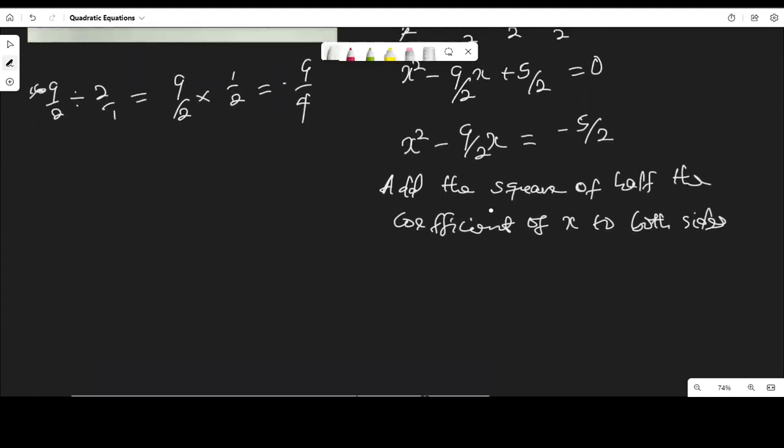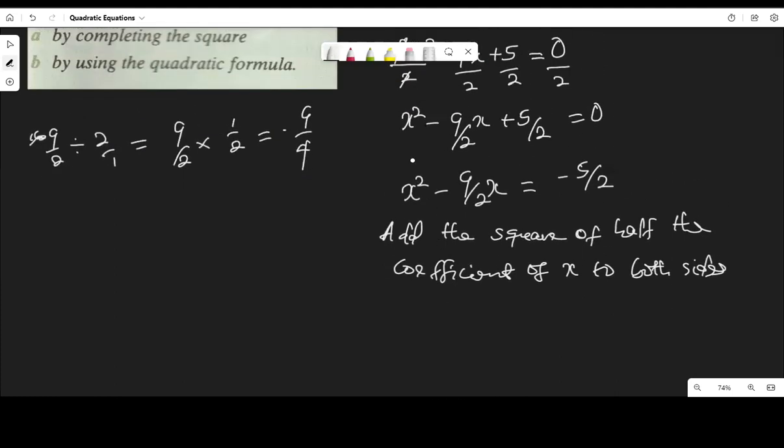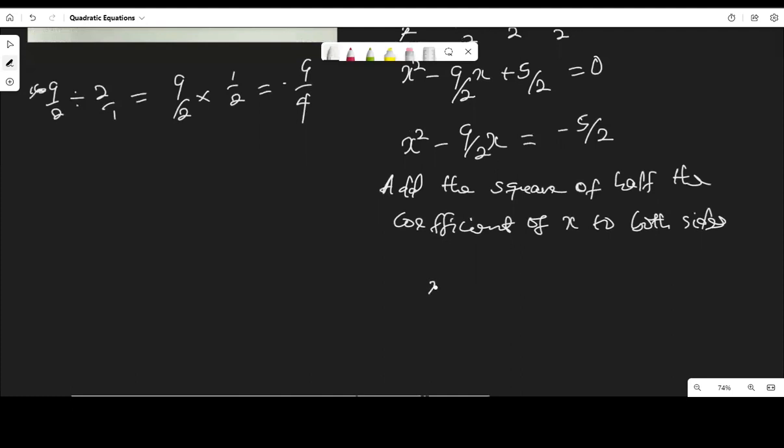The square of it rather, to both sides, so that this equation now becomes s squared minus 9 over 2s plus minus 9 over 4 squared equal to minus 5 over 2 plus minus 9 over 4 squared.